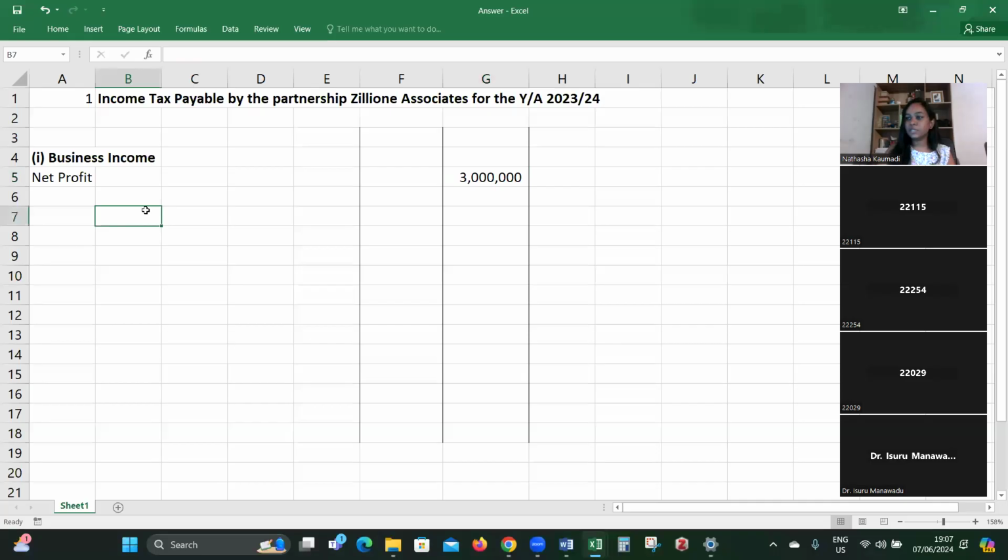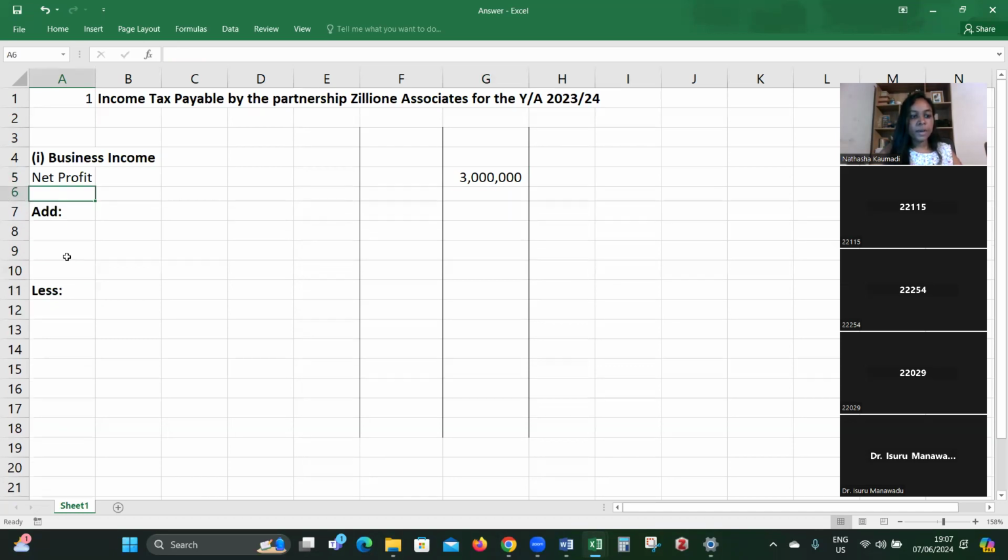How to do all these adjustments? I'll be writing add or plus and minus or less. You can write whatever you want. So from 3 million, I'm removing this 700,000, that is rent income. I'm using the first column for those adjustments.